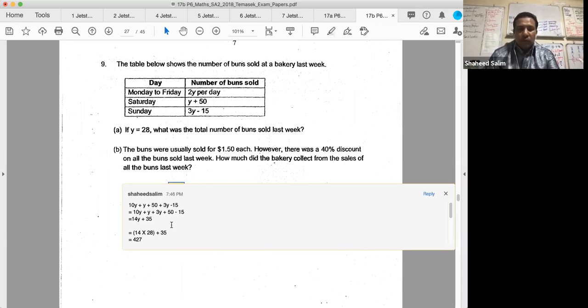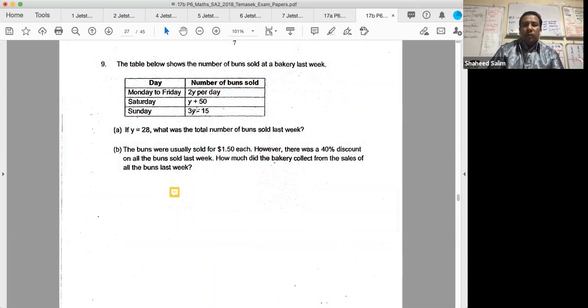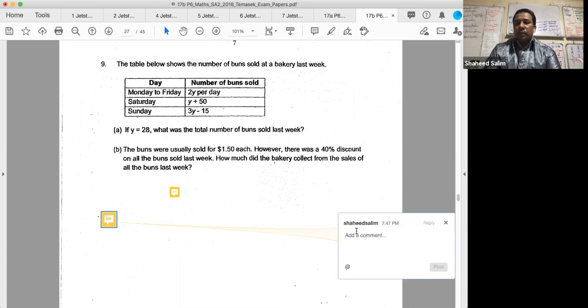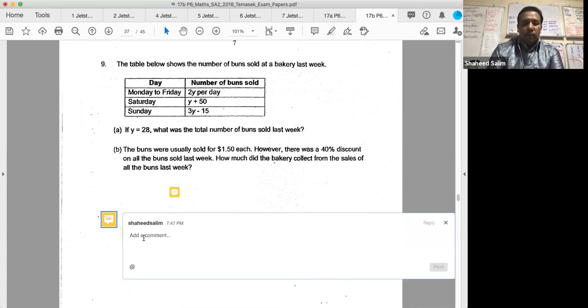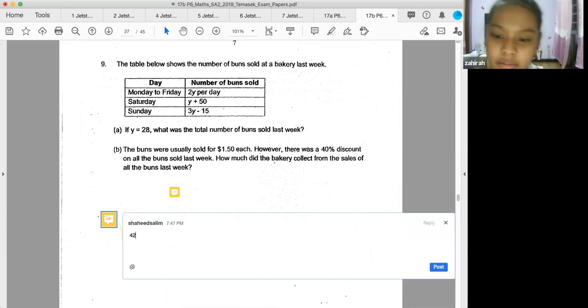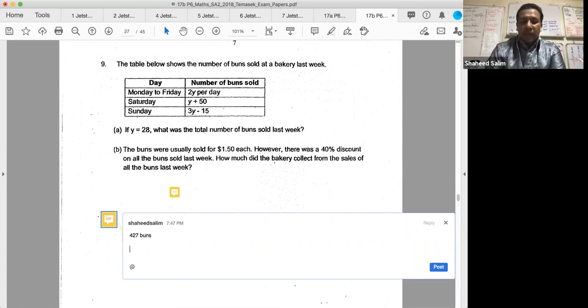Are you confused? Okay, I'll write on here. The 40% is how much? Okay, you can take 40 divided by 100 times $1.50. Let's see how much is that.